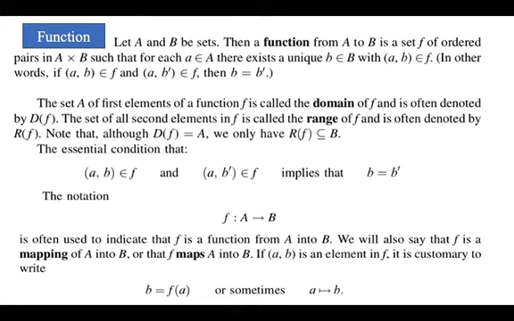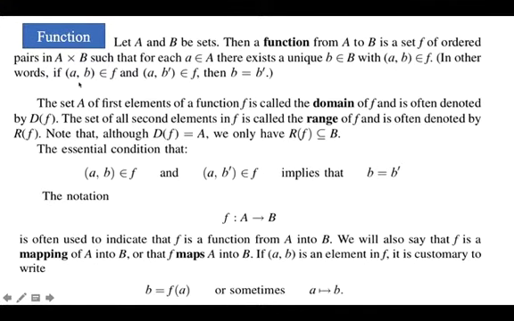Functions. Yes, we need to redefine functions, or review them again, so that we may have a fresh idea about the functions. Let A and B be sets, then a function from A to B is a set of ordered pairs in A cross B such that for each a belongs to A, there exists a unique b belongs to B, (a,b) belongs to f.